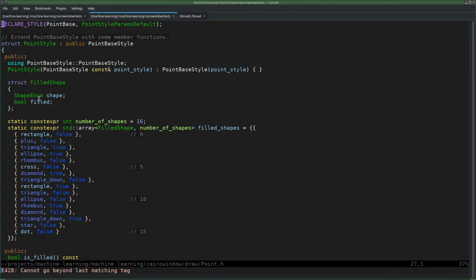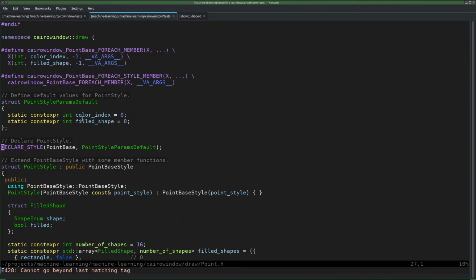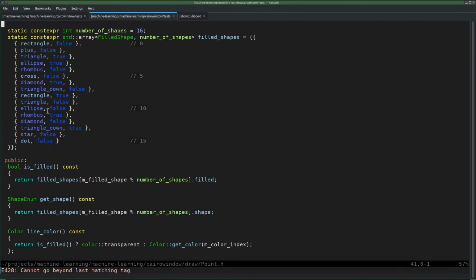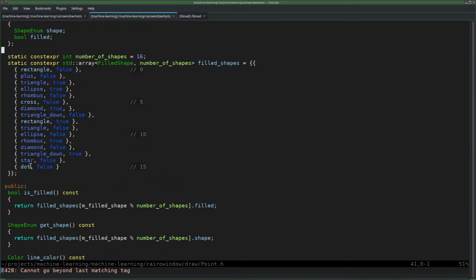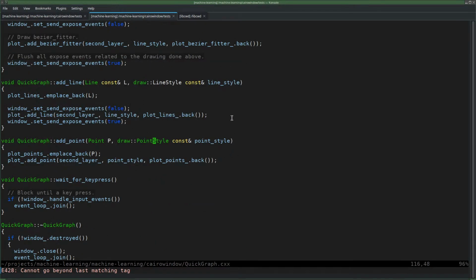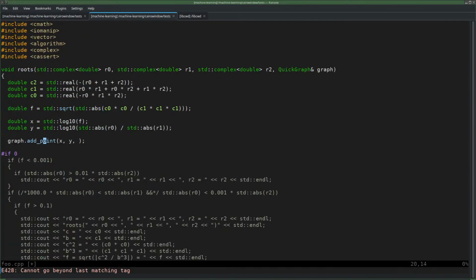And we must set field shape to the 15, I think. Just a single dot. Field shape is 15. How does this work again?